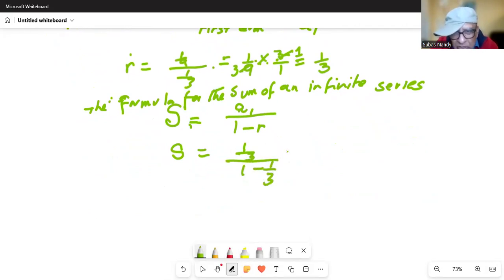So this is 1/3 divided by 1, which I can write as 3 over 3, minus 1 over 3. Why did I convert 1 to 3 over 3? So that I have the same denominator, which is 3. So 1 I wrote as 3 over 3 and left the 1/3 alone.